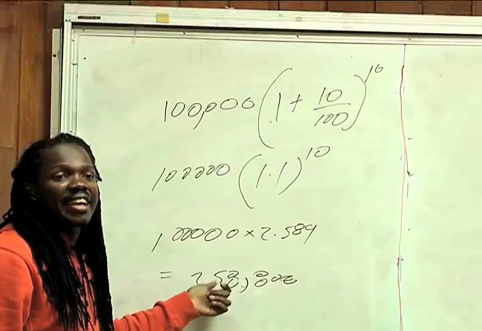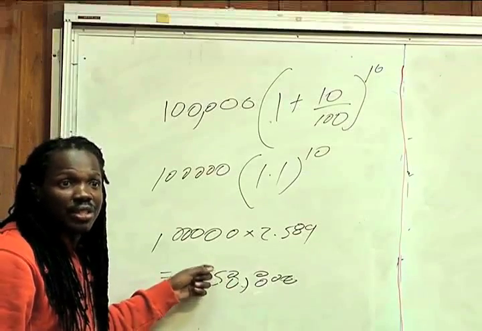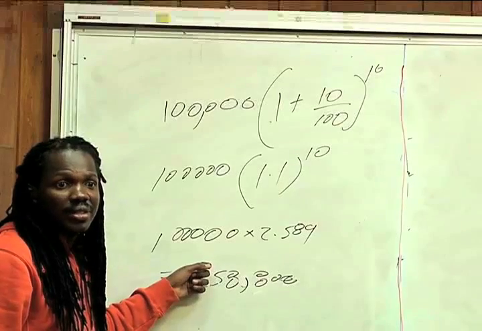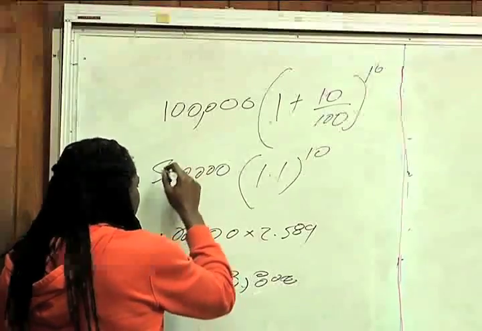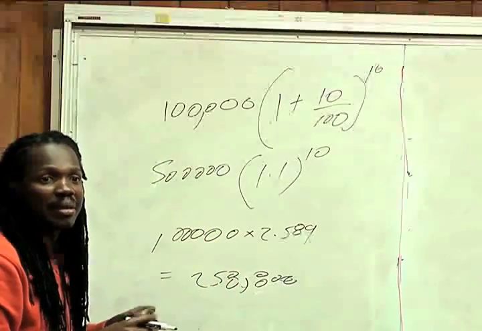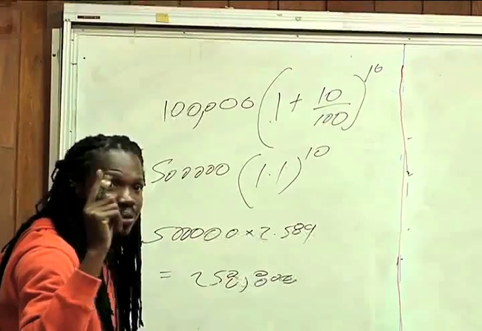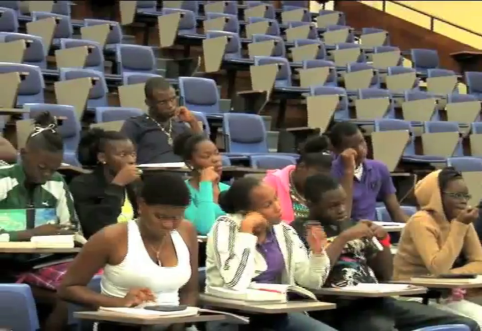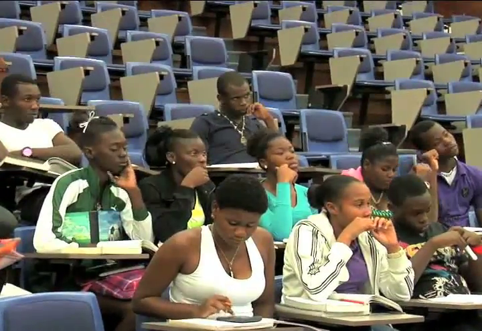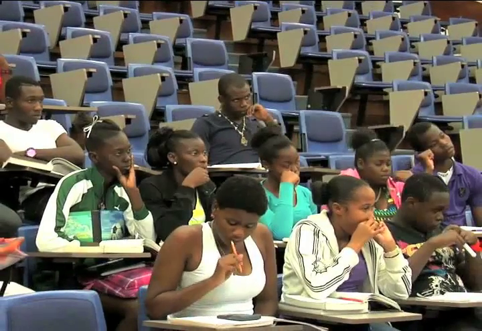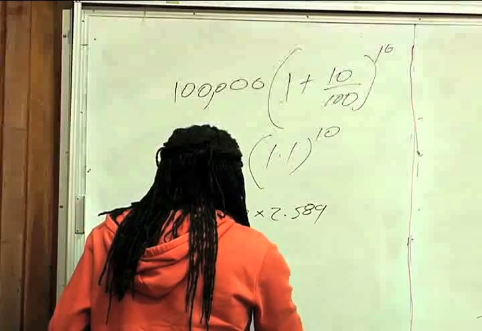After this is one grade's money. Now if she spends 500,000 on you and the rest of your kids, if your mother spends 500,000 on you right now, in 10 years you get 500,000 times this, 1,294,000, or 1,429,000. That is so much money you have to give back.